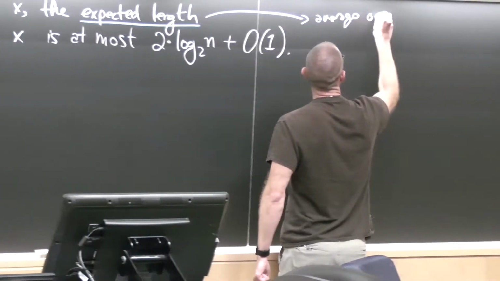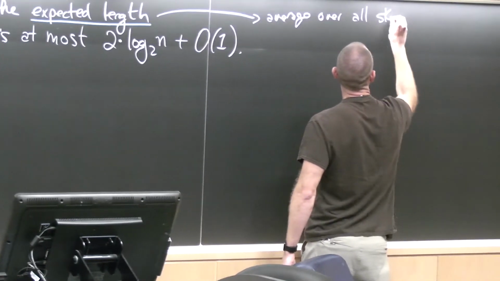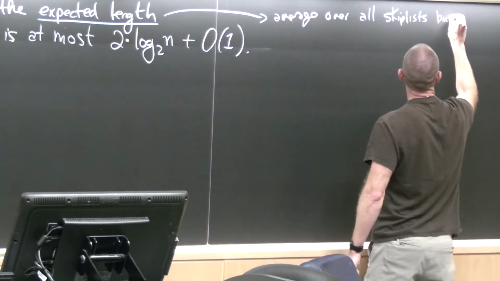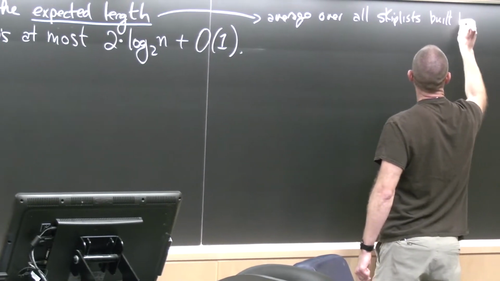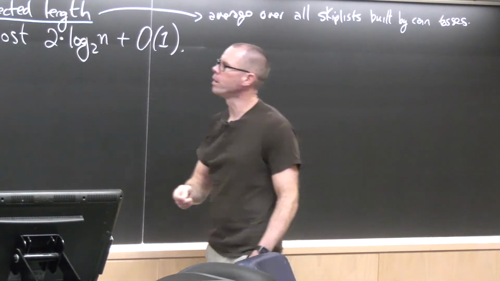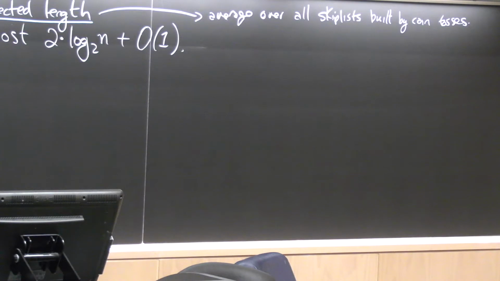So that's the random part of this whole experiment, is the coin tosses. That's why we have this expected length rather than just saying the length. Okay?